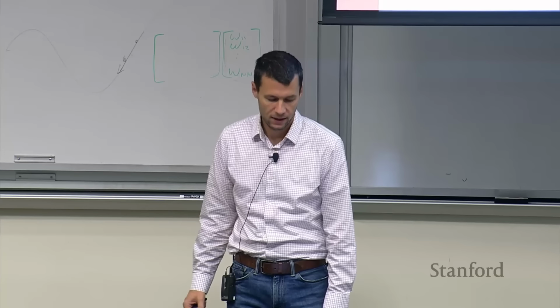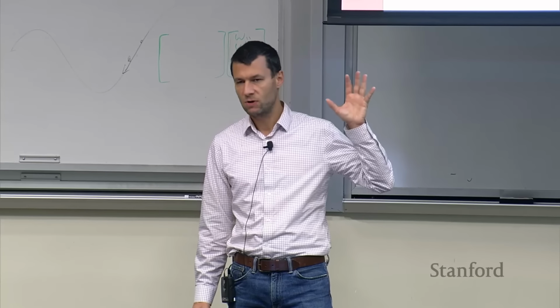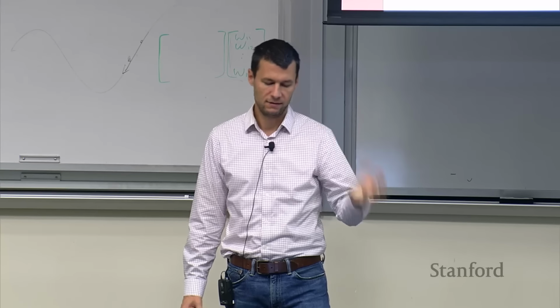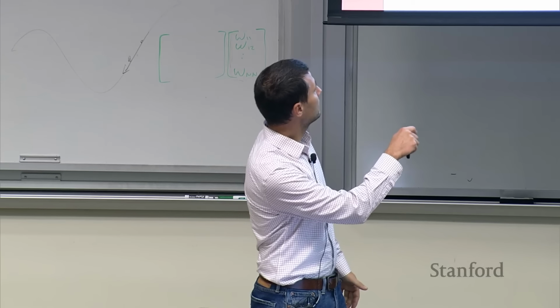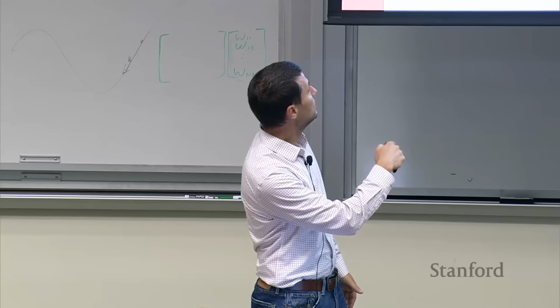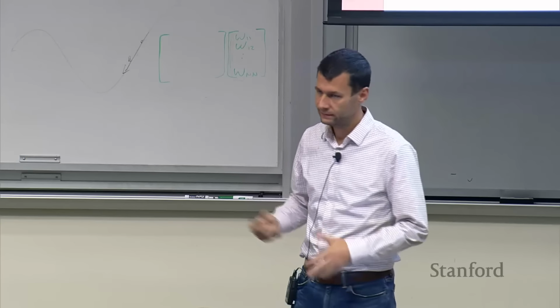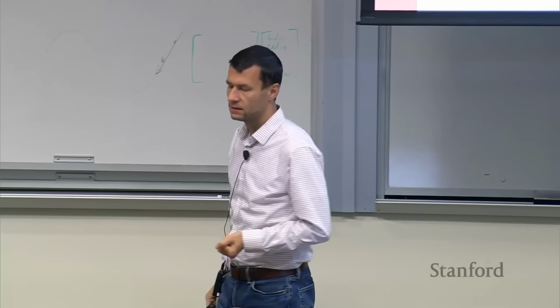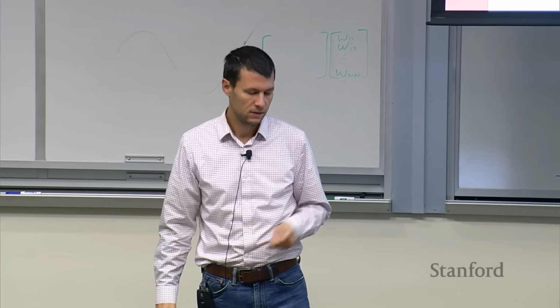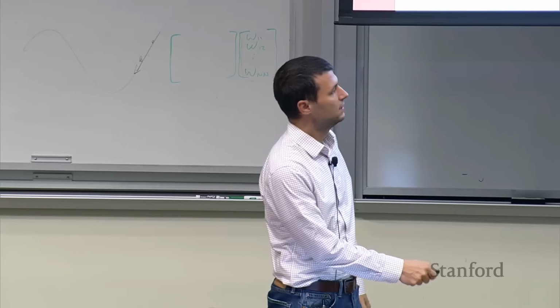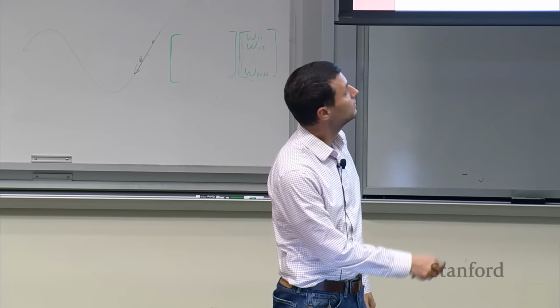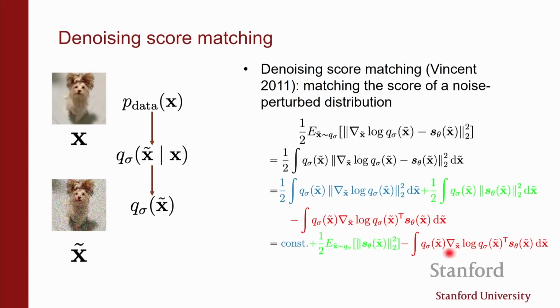So basically, this score matching objective will end up being equivalent to the problem of, given this x tilde, trying to remove noise and estimate the original image you started with. It's going to be mathematically equivalent. Basically, we're going to rewrite this red term in some way, and we're going to show it's equivalent to denoising.